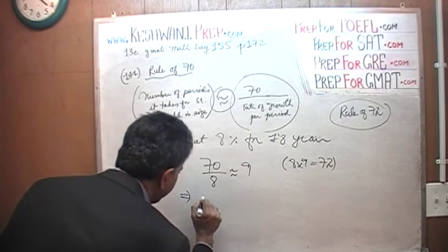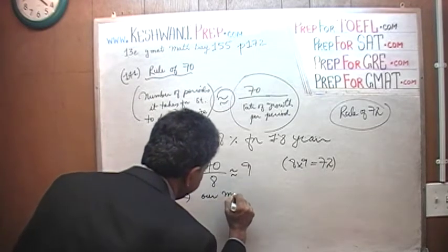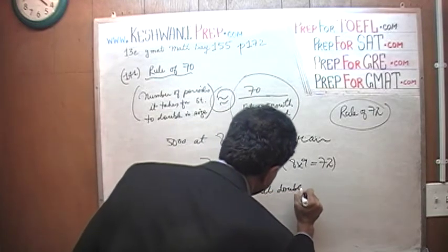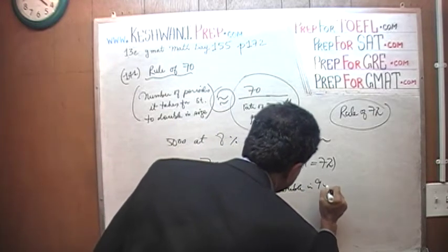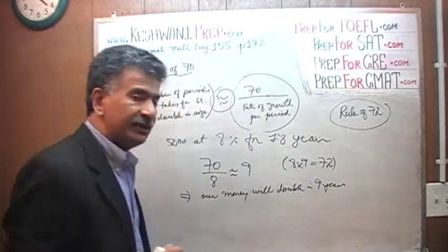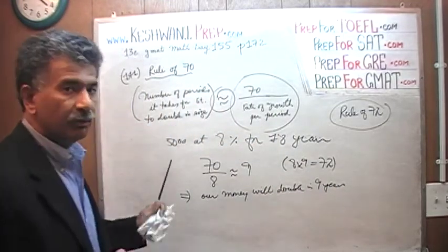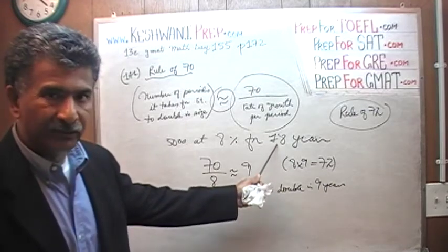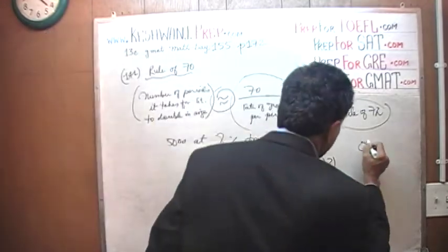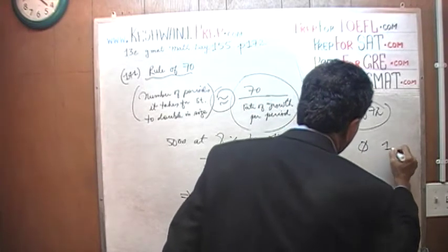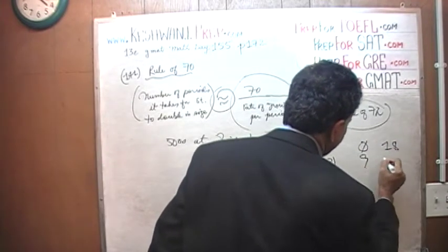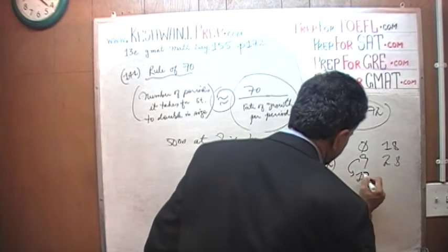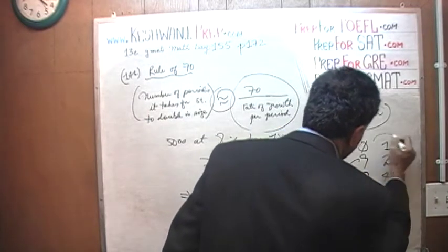What this tells us is that our money will double in 9 years. In 9 years' time, our $5,000 will become $10,000. But we're not investing for 9 years, we're investing for 18 years. So we start out at year 0 at $1. At the end of 9 years, it becomes $2. At the end of 18 years, which is another 9 years, our $2 becomes $4.